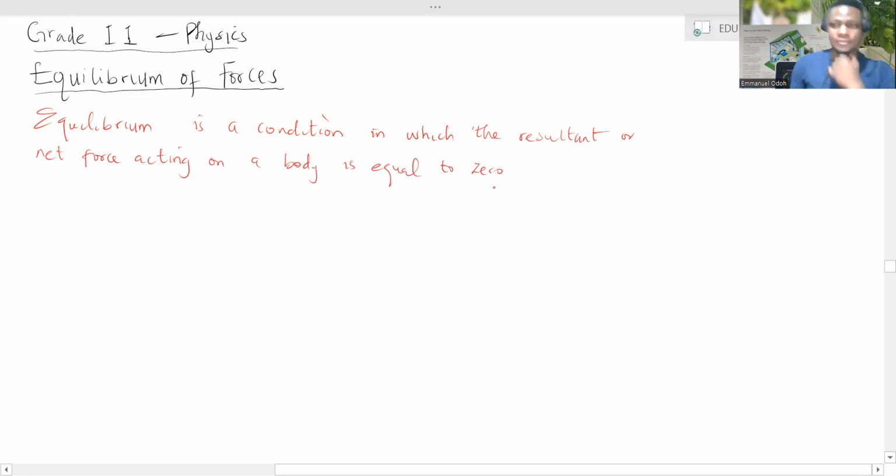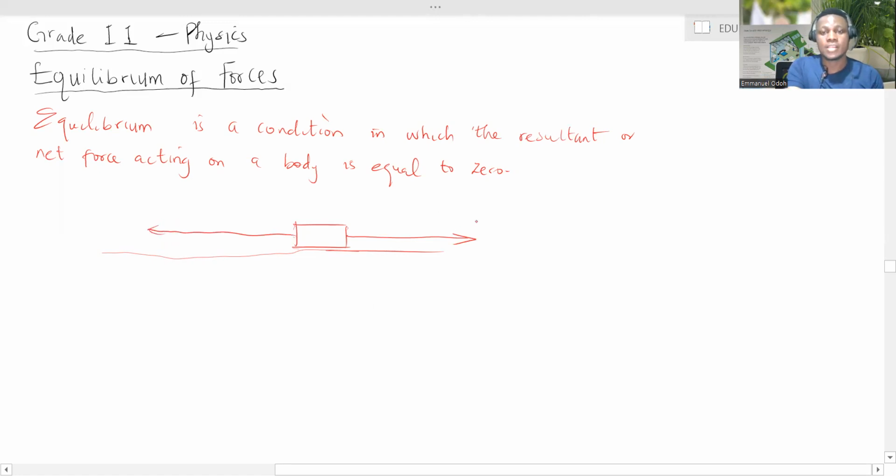Okay, let me explain this with the aid of a diagram. Let's see a box on a horizontal floor. Let's say this is my horizontal floor. It is acted upon by two forces in opposite direction. Parallel forces in opposite direction. Let's say the force here is 100 Newton and the force here is 100 Newton.